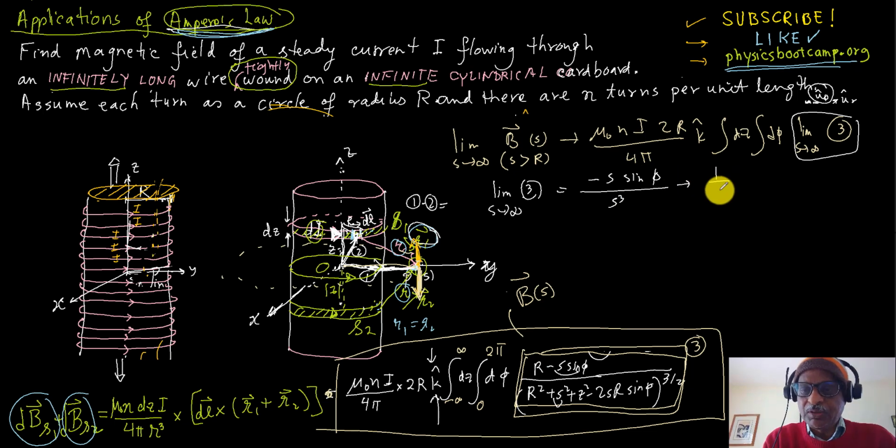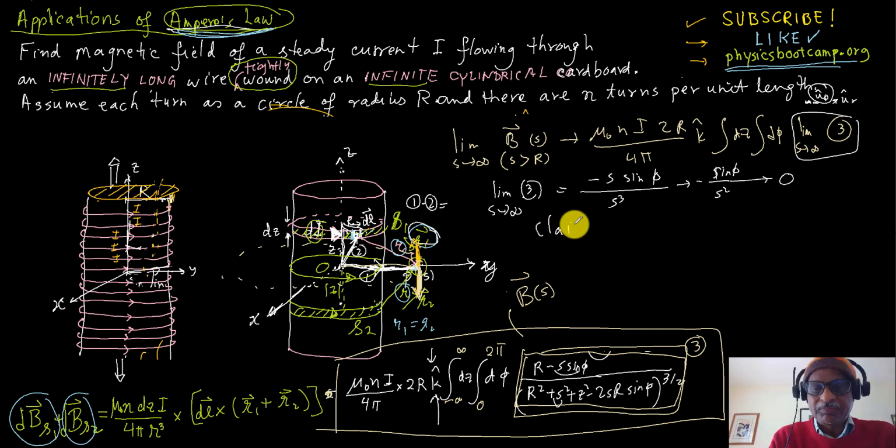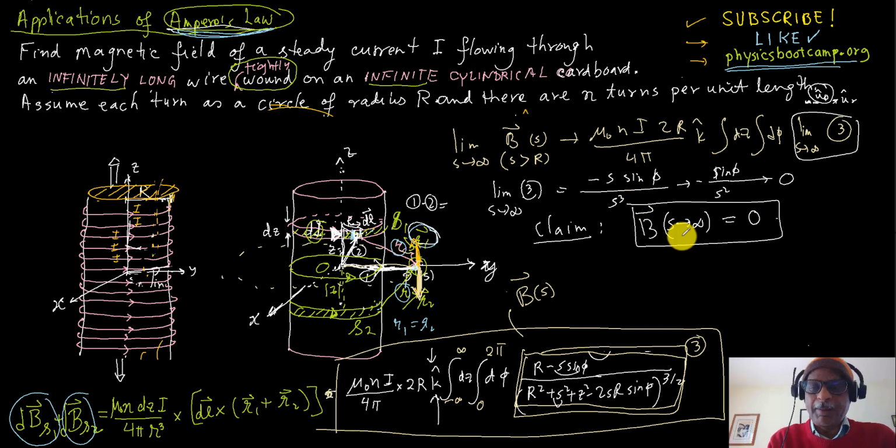So this goes to 1 over s squared sine phi, which goes to 0. So this will go to 0. So we can claim that B of s goes to 0 as s goes to infinity. So if I go in any direction outside, all the way to infinity, then it's 0.